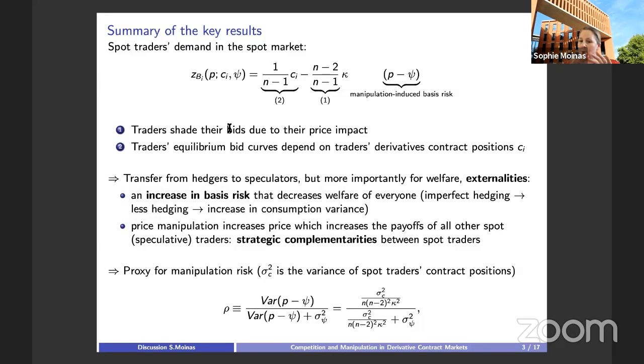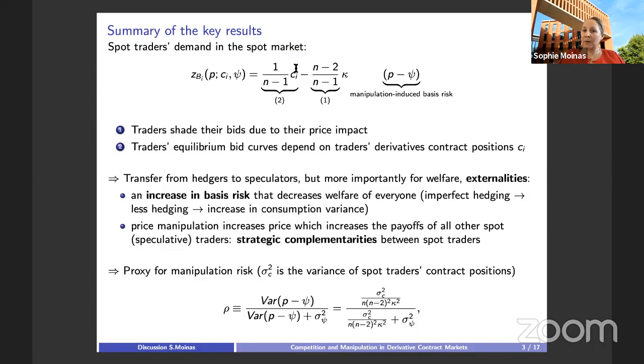So to summarize the key results, what you have on the top of my slides is the bid function of these traders on the spot market. There are two elements in this bid function. The first element, number one, is the fact that traders are going to shade their bids because they anticipate their price impact. This is coming from imperfect competition.